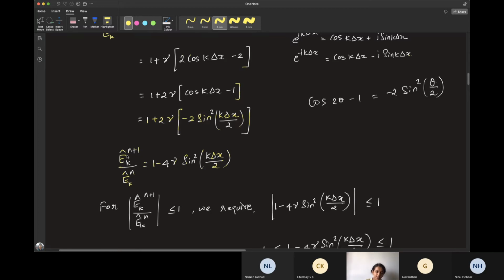At every time step we'll be introducing some error, but the error that we introduce at later time steps must be smaller than the error that we introduce at the initial time steps. So error must not grow very fast. The error growth must be bounded. It's not that the error is bounded, the growth of error is bounded.